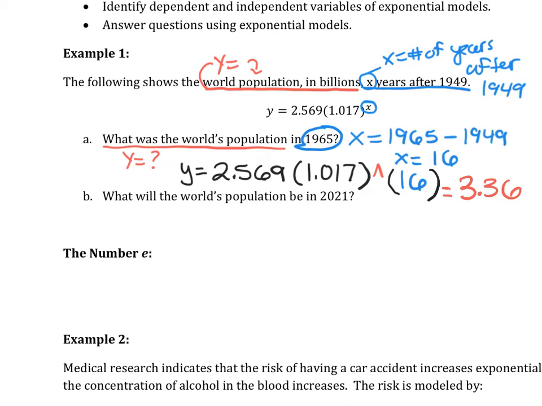But we're not exactly done yet, because if you remember, we're trying to find the world's population. The world's population is not 3.36 people. It's not very realistic, and that's because the units of Y right here are in billions. So you have to make sure you add that billion after it. So 3.36 billion people. I want to make sure your answers make sense.